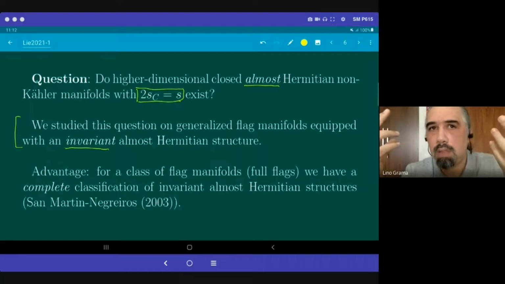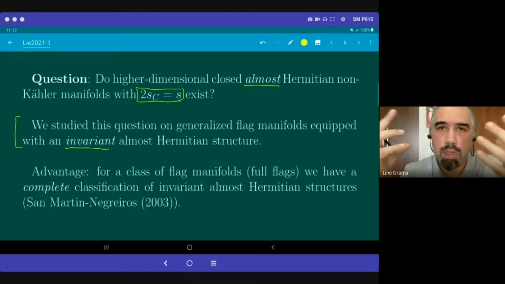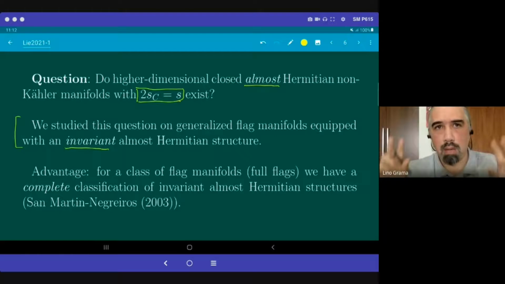This is a differential equation, and when you put this in some invariant context in the homogeneous space, you can simplify the situation. Simplify is in quotation marks, because this is very hard, but we can work here with Lie algebras, Lie groups, representation theory, etc.